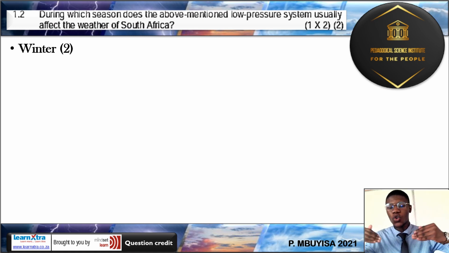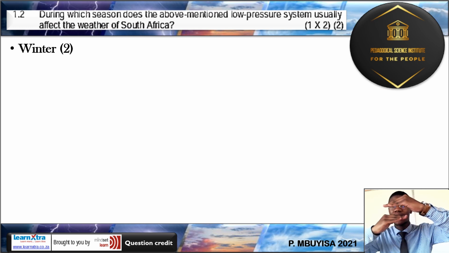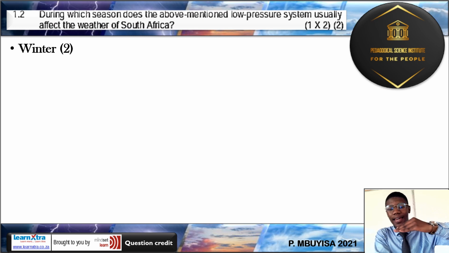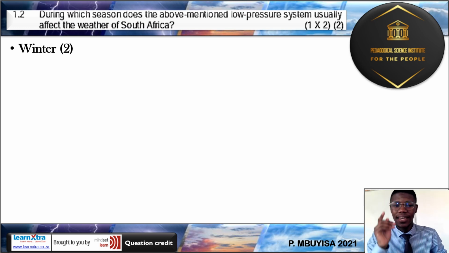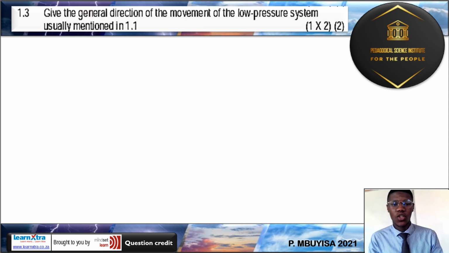As it migrates with your high pressure systems, it pulls these high pressure systems back to the 30-degree line of latitude, and as a result, our mid-latitude cyclone will affect the west coast of the country. In which season? In winter. So that's the reason for that. And now you also know the effect of these high pressure systems on mid-latitude cyclones.